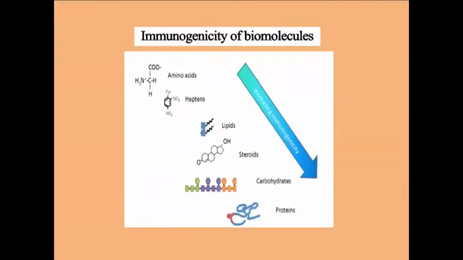So if we compare the immunogenicity of the biomolecules, then proteins are the best immunogens, then come carbohydrates, and lipids are poor immunogens. But we can use lipids as antigens. Lipids are too small to be immunogenic, but they can combine with antibody. That means they can be antigenic. So if lipids are given with a bigger molecule, then antibodies can be raised against lipids.